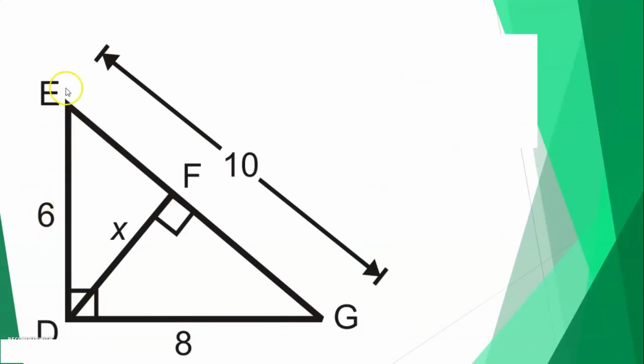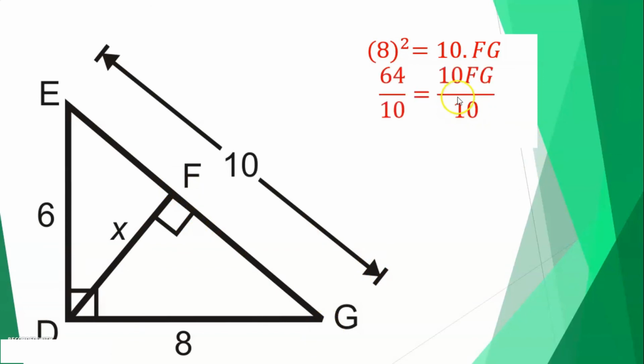Okay, another. Given this right triangle EDG, the measures are 6, 8, and 10. Let's find the measures of the segments of the hypotenuse, which are EF and FG. Solving for FG, again making use of the leg rule, 8 is the geometric mean of the hypotenuse 10 and the segment of the hypotenuse adjacent to 8, which is FG.